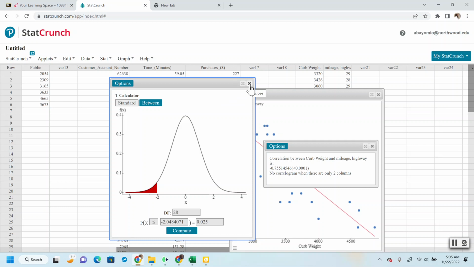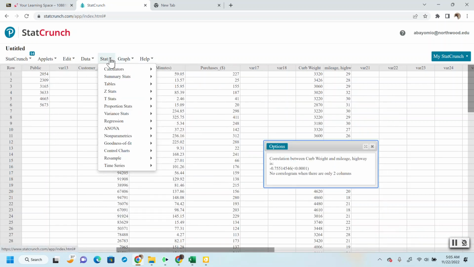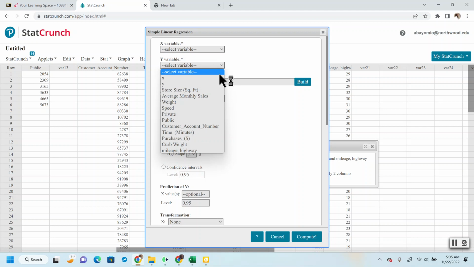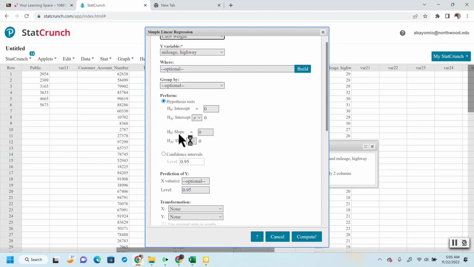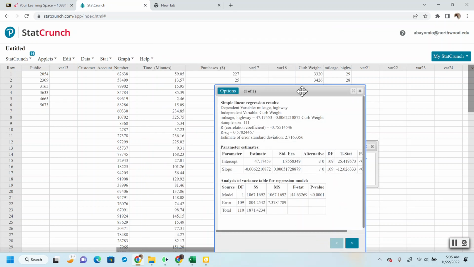I'm going to X out of this and go to Statistics again. Go to Regression, Simple Linear Regression. My Y variable in this case, again, is highway mileage, and my X variable is curb weight. Make sure you choose Perform, and I would like to compute this.